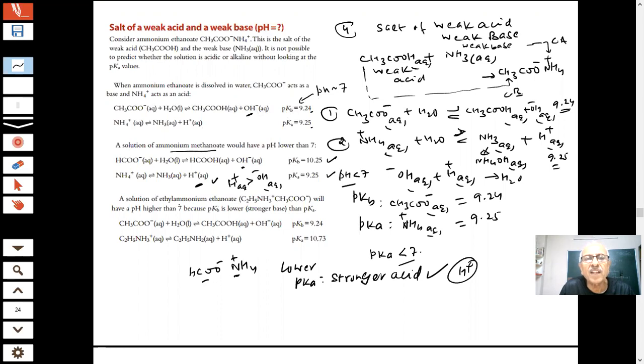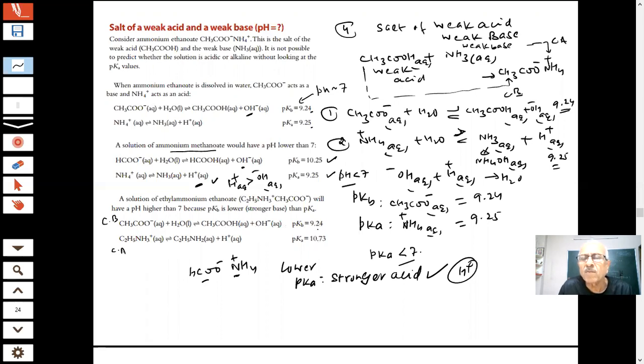And if I take another case, a solution of ethyl ammonium ethanoate. Now in this case, again, this is my conjugate base and this is my conjugate acid. What is the pK value? 9.24, and this is 10.73.